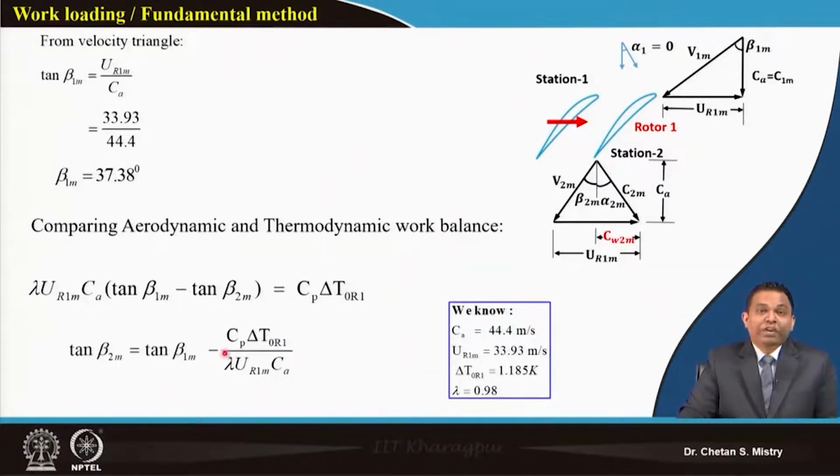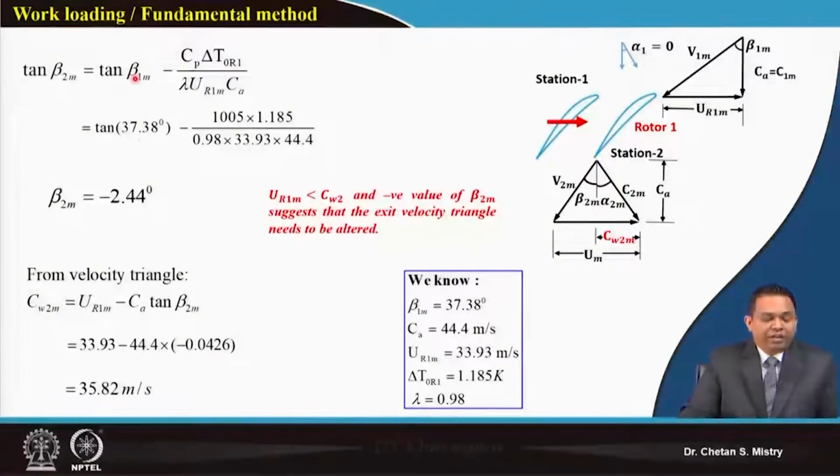So, this is what we have calculated, and based on that we can calculate my beta 2. Here, my beta 2 is coming as minus 2.44. So, this is what we are calculating at the outlet condition.